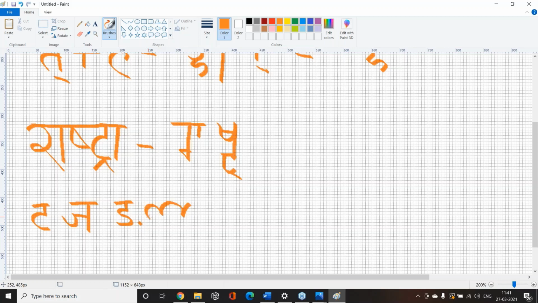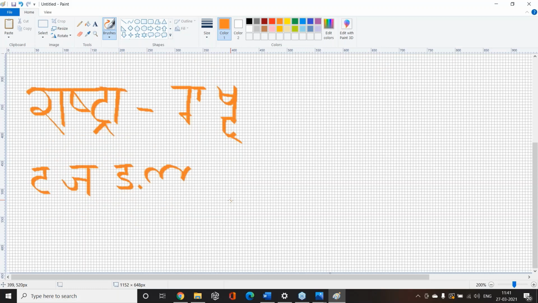So we'll be sharing the Sharada paper with you, where you can see all these combinations and conjuncts, whatever combination of conjuncts you can think of. They are all written very nicely and explained in a very nice way in the paper. So we'll be sharing that with you all today itself. You will see all the formations with these type of conjuncts, with these type of letters which follow the special a matra rule.